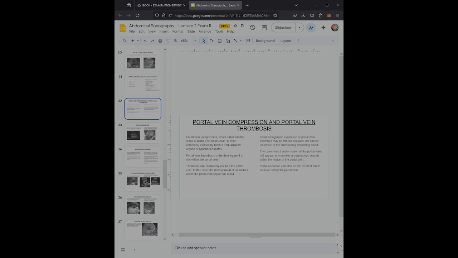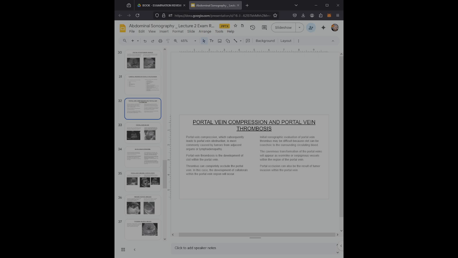Initial sonographic evaluation may show thrombus, but at times this thrombus can be isoechoic to the surrounding circulating blood.